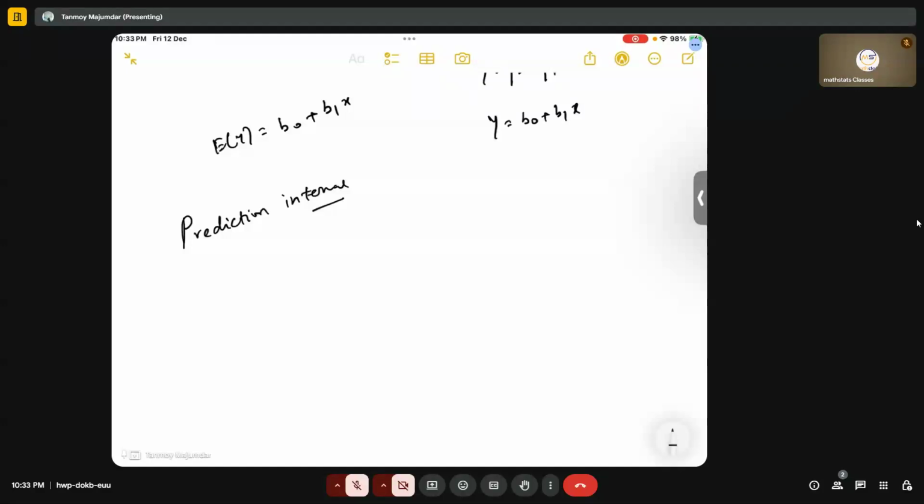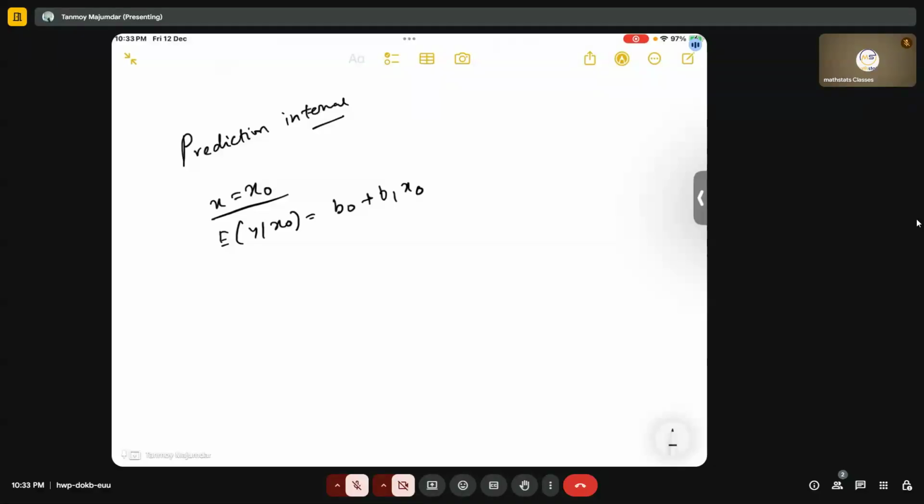Okay. So if we are given a value of x equals to x naught, then expectation of y given x naught, इसका expectation होगा क्या? Not confidence, the prediction interval that is also coming from a distribution.